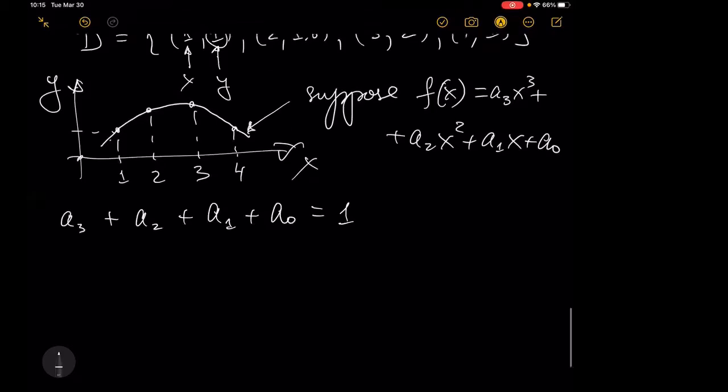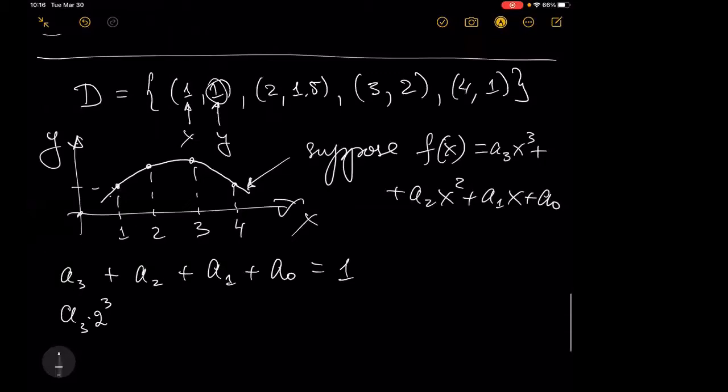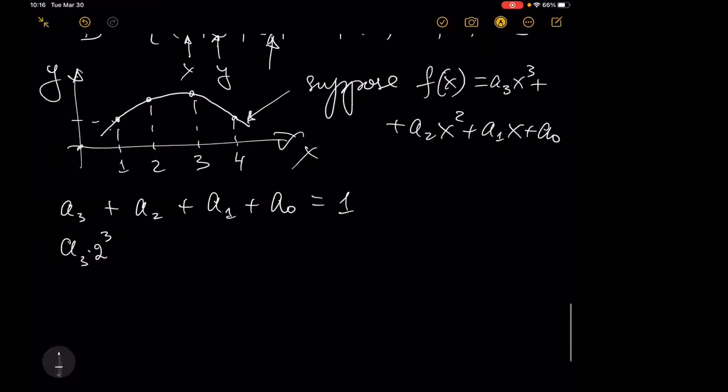Now a3 multiplied by 2 cubed, so let us substitute x equal to 2: plus a2 multiplied by 2 squared plus a1 multiplied by 2 plus a0 equals 1.5, this value.